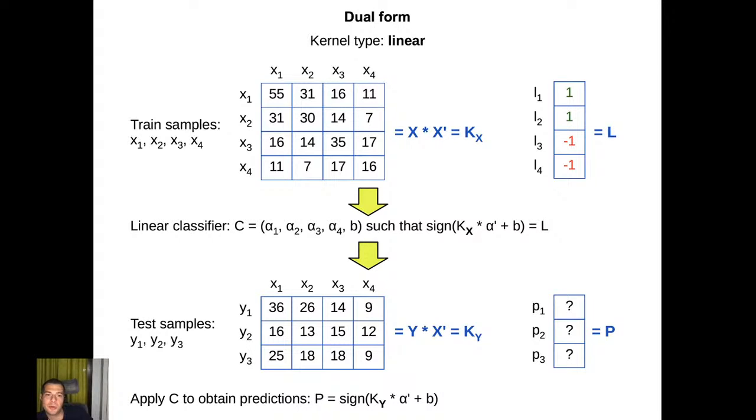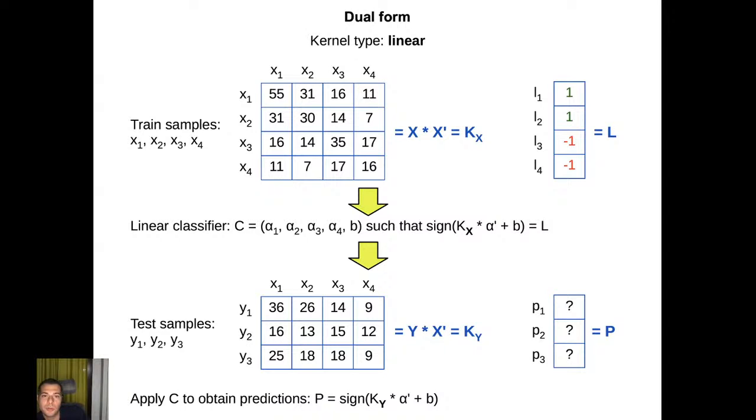As I said, we prefer to use matrix notations. For example, the scalar product can be computed by multiplying the matrix X with its transpose, and we obtain the matrix denoted by K of X. We use K here because this is a kernel matrix.